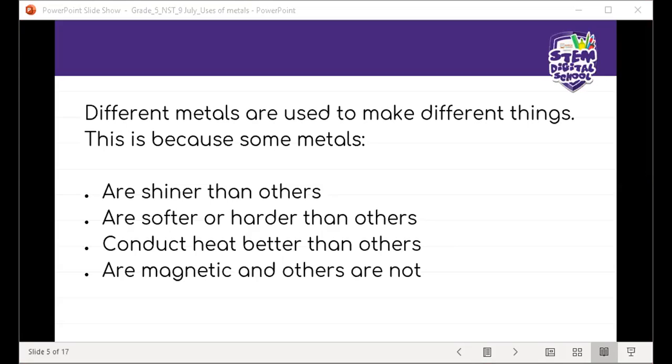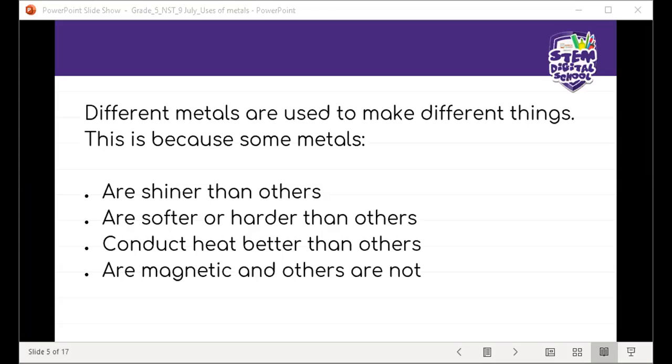So my question is, which metals are magnetic? I see Kotso answered in the group saying it is steel. Which three metals? There are three of them. Just write their names in the group chat, or raise your hand to give me the answer. This is the same question I asked you yesterday.